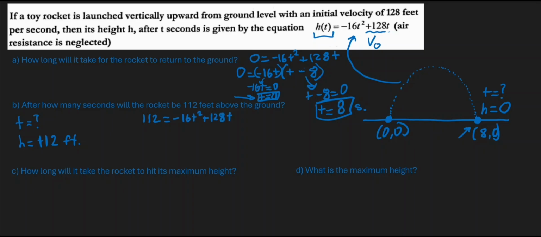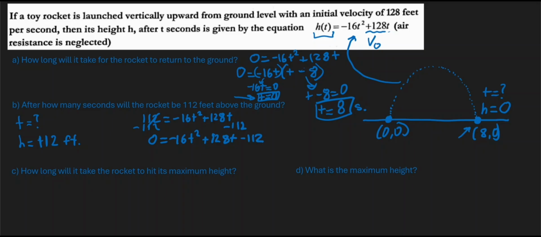And upon subtracting away 112 on both of our sides, we end up getting 0 is equivalent to negative 16t squared plus 128t minus 112. All right, now always check if you can divide every single term by a common factor.